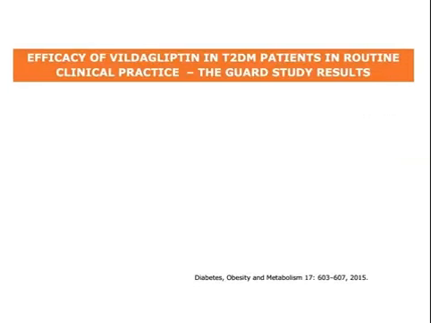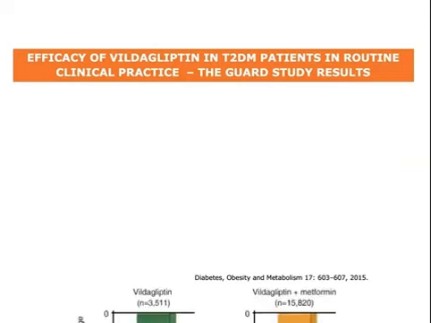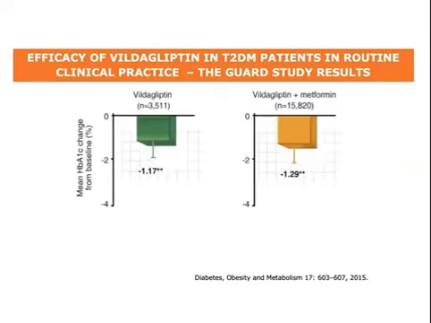Now, what about vildagliptin out in the real world? So this is a large study looking at thousands of patients. It's called the GUARD study. And you can now go into a very large database, and you can look and see, well, how are docs doing out in the real world when they start people on vildagliptin alone to the left, or vildagliptin plus metformin.